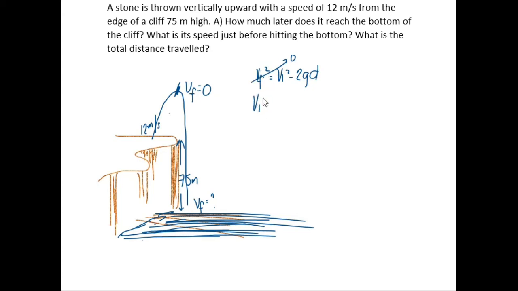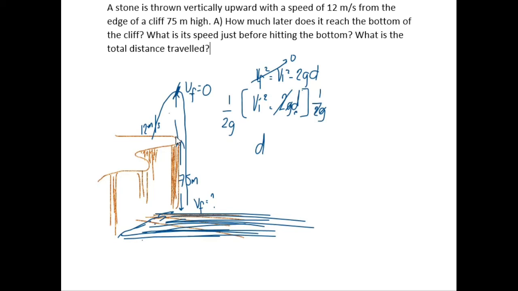I now have Vi squared equals 2gd. We are after the distance, so let's divide the equation by 2g. Here we can cancel out 2g, and then we now have a formula for the distance, the highest peak.